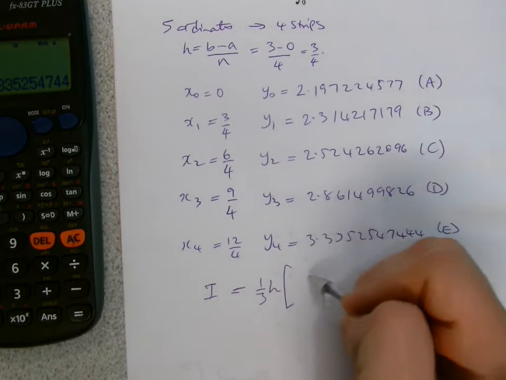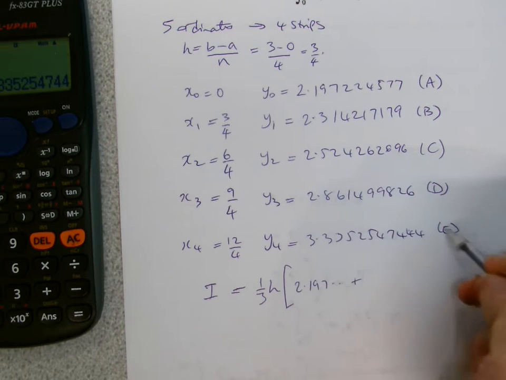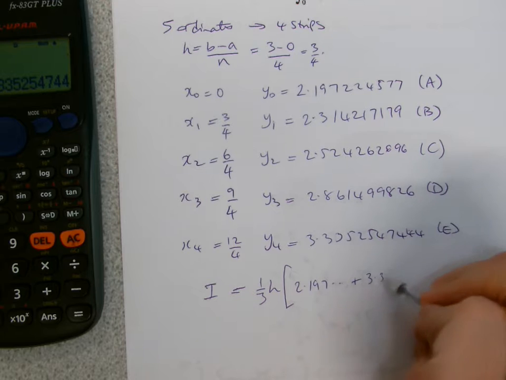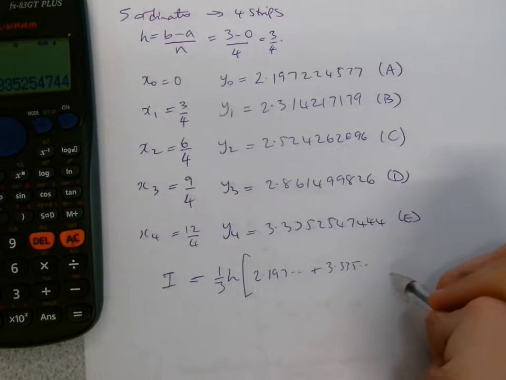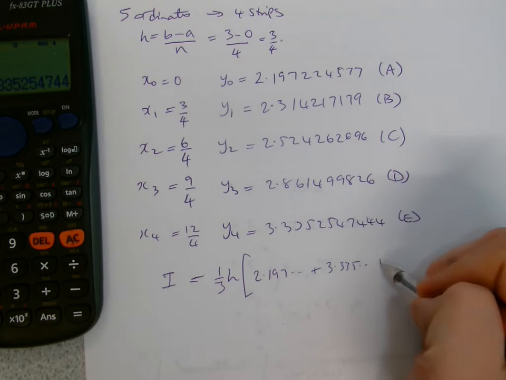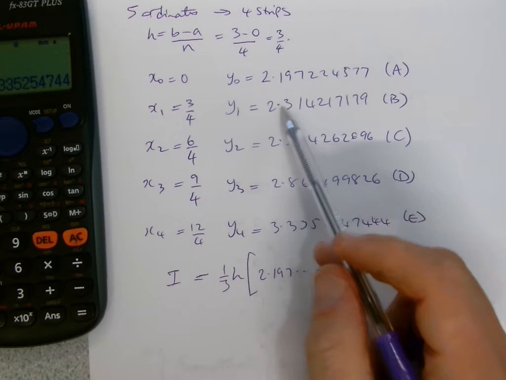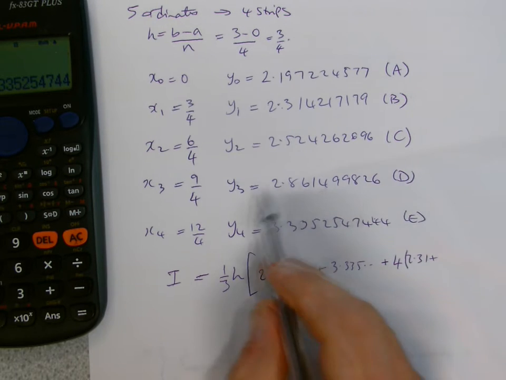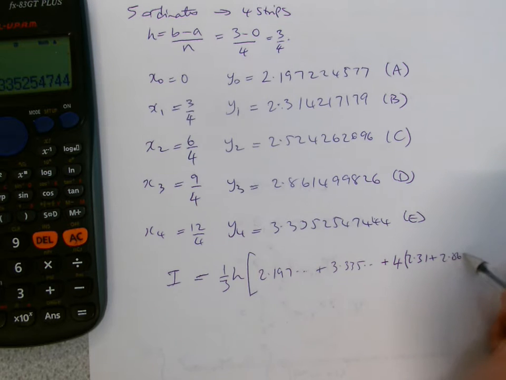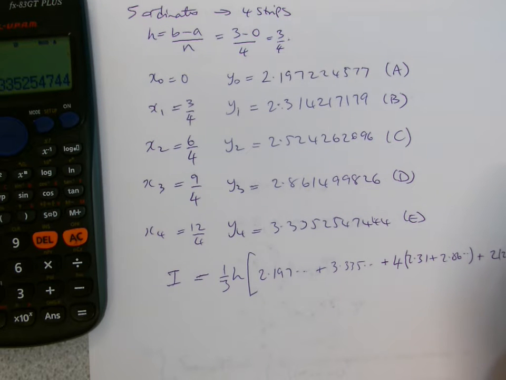So in this case now you'd have 2.197 plus then the last term, which is 3.335, okay, and then you've got then 4 times the odd terms, so the odd terms will be that 2.31 plus 2.86, okay, plus then twice the evens, so that's the 2.52, etc.